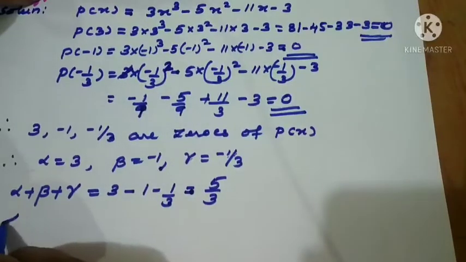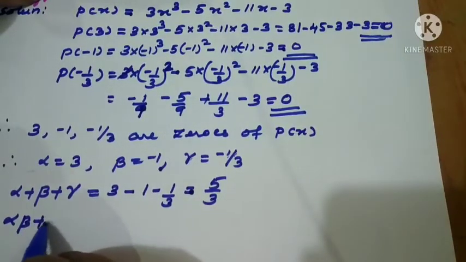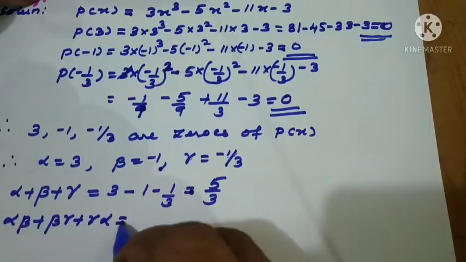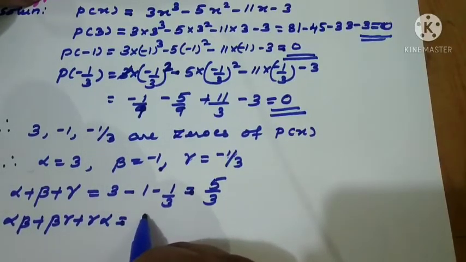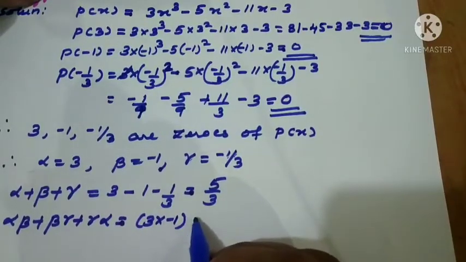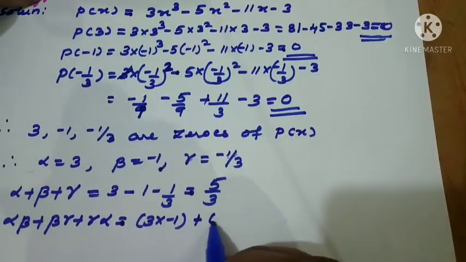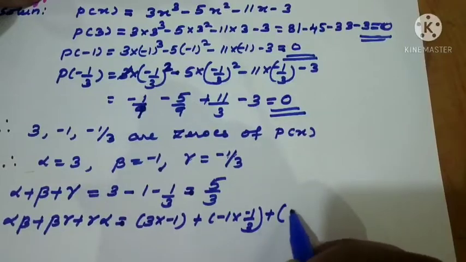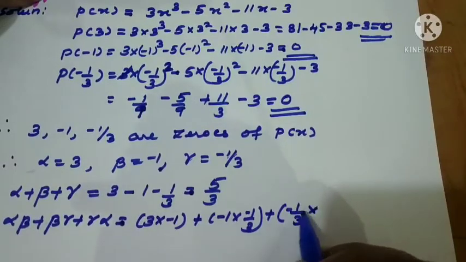Next, 2 at a time. So alpha beta plus beta gamma plus gamma alpha, that is equal to 3 into minus 1, plus beta, minus 1 into minus 1 by 3, plus gamma, minus 1 by 3 into alpha, which is 3.